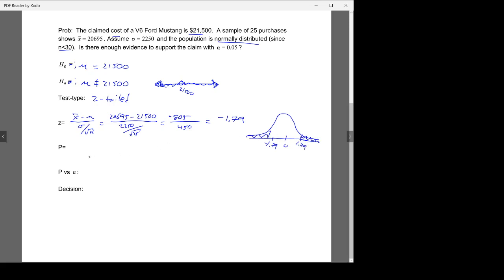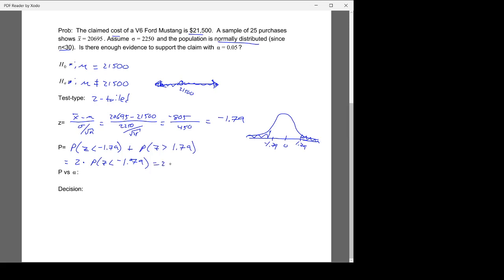So for our p-value here, we want the probability that z is less than minus 1.79 plus the probability that z is greater than positive 1.79. And we showed on that last problem, if you can't remember that, we could just do 2 times the probability that z is less than minus 1.79. In other words, this area here is the same as this area here. So we'll just look this one up.